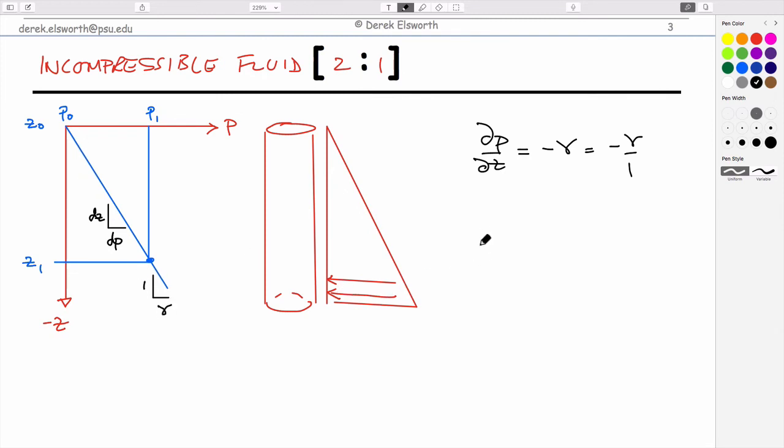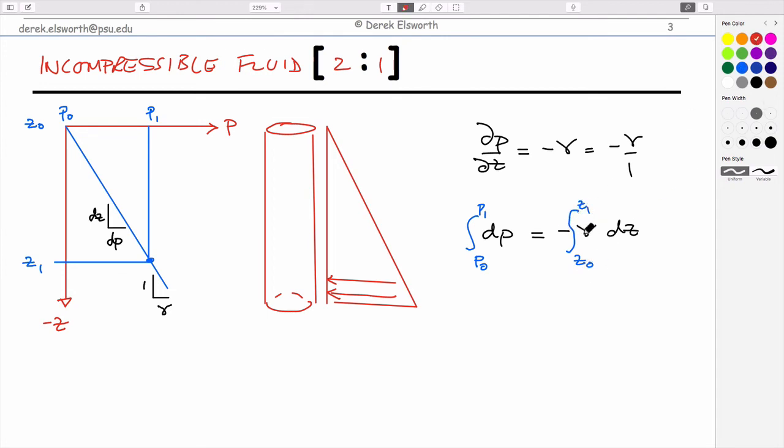We can find out what the pressure is at a point just by rearranging this as dP is equal to minus unit weight dz. We can integrate it between pressure P0 to P1, and elevation Z0 to Z1.